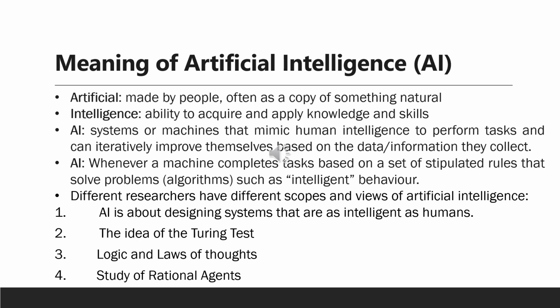It is also concerned with the design of intelligence in an artificial device. And that was why it was coined by McCarthy in 1956 with two ideas in the definition: one, intelligence, and two, artificial device.